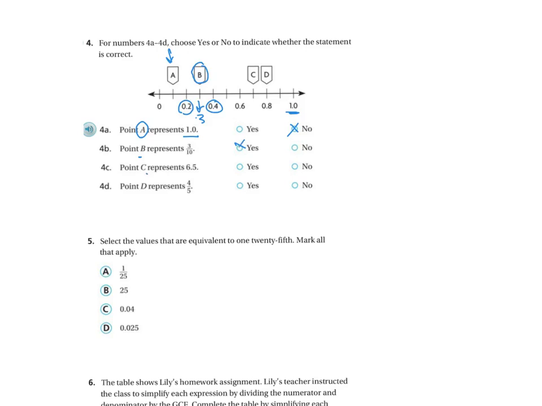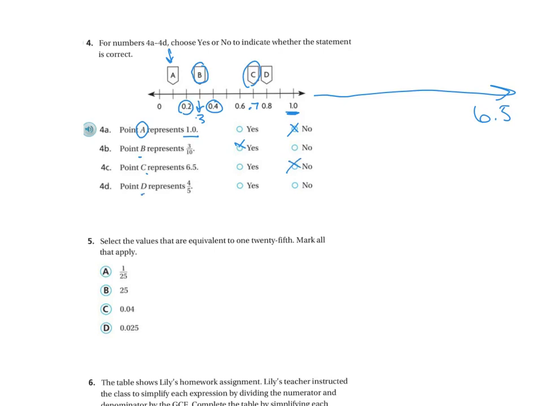Point C represents 6 and 0.5. So it's saying point C represents 6.5. Well, the whole number's right here, so it would have to be way down the number line to be 6.5. This one actually represents 0.7, so the answer to that is no.